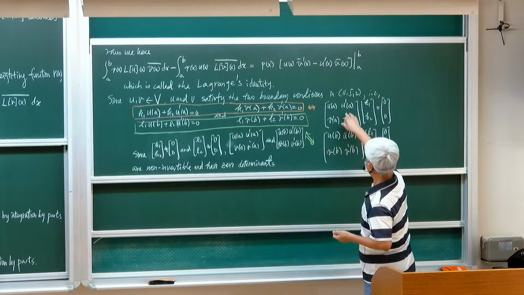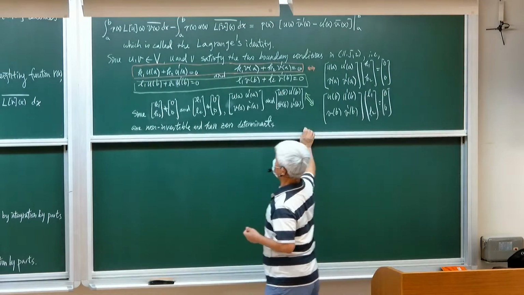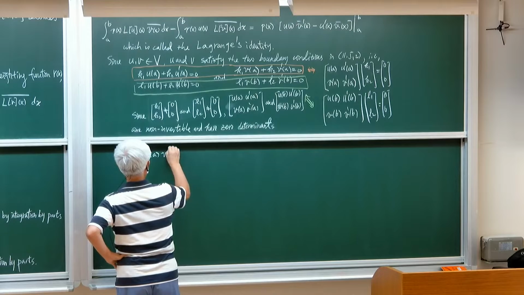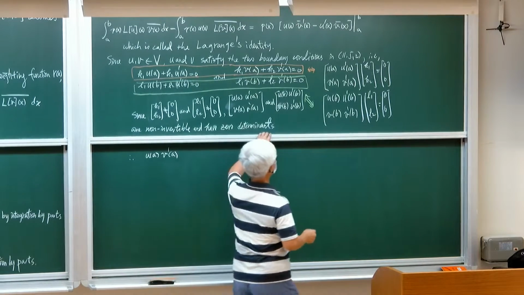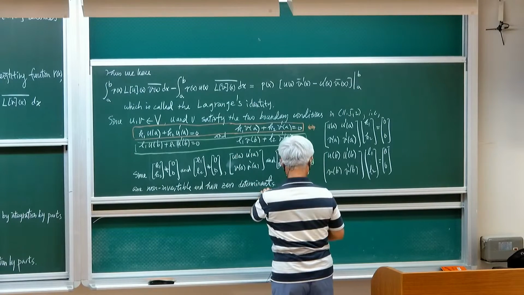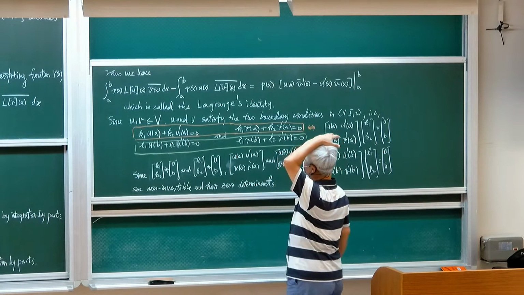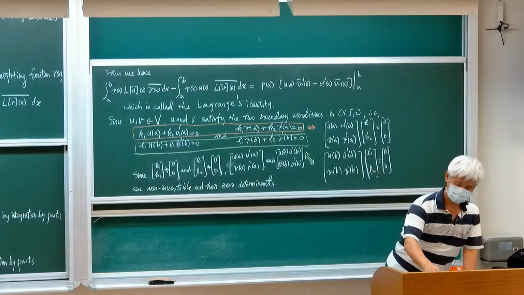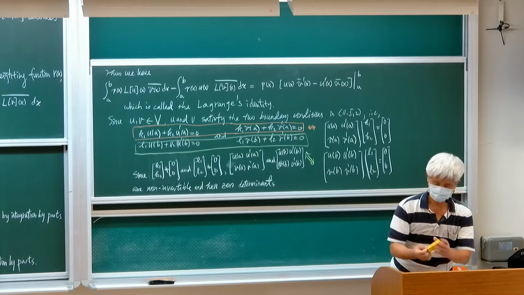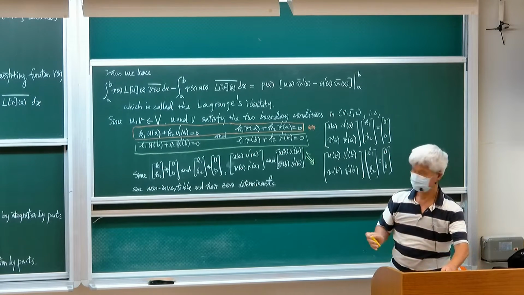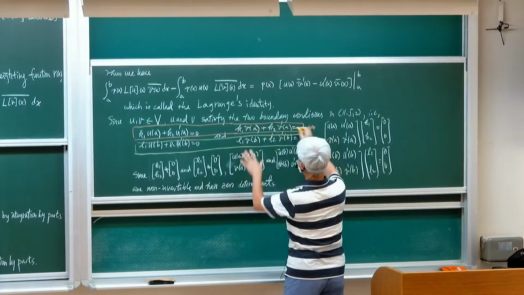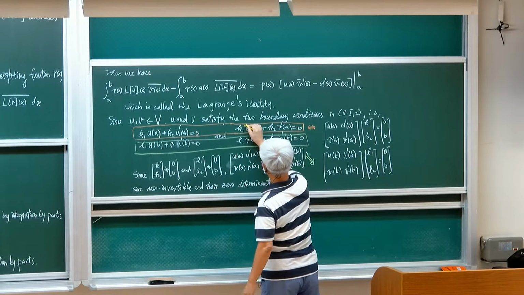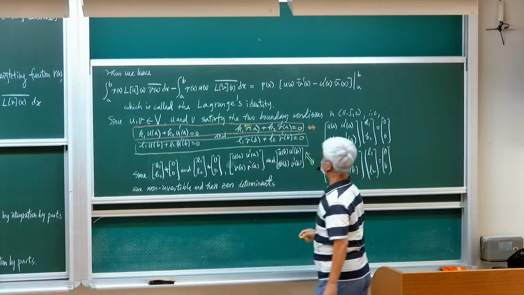Okay, so what is the determinant? We have U(A), V prime(A)... Oh, by the way, when we take the complex conjugate of this relation, which is 0, we get the same relation.